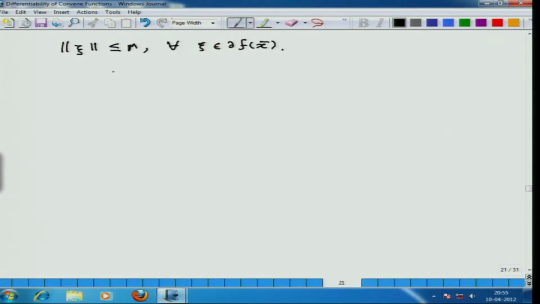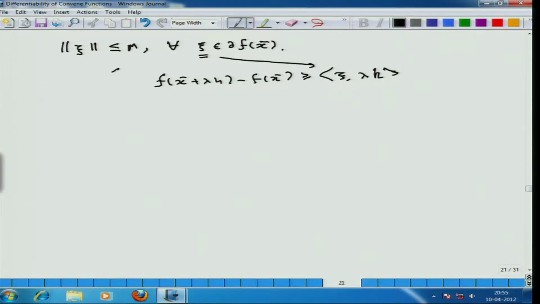Observe this fact: f(x̄ + λh) − f(x̄) is greater than or equal to ξ times λh, for any ξ belonging to ∂f(x̄), as ξ is a subgradient.